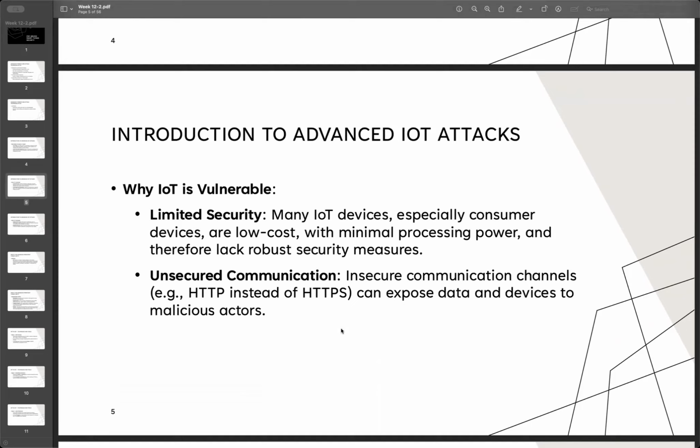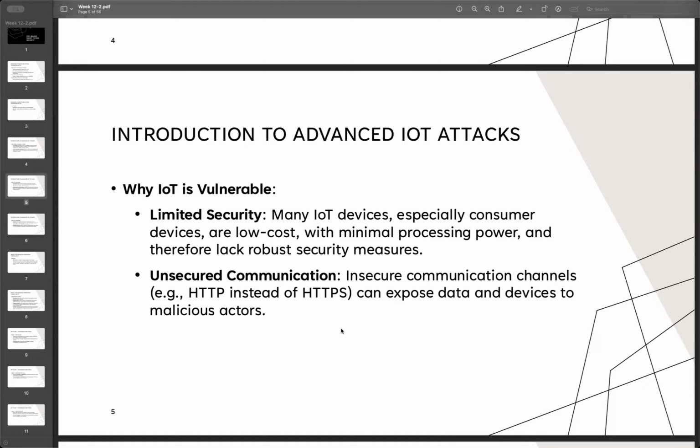At home, smart control devices like a smart light bulb or thermostat don't include lots of hardware, chips and so on, because they only want to control the core function. Also there is unsecure communication: sometimes when they implement, they don't use secure protocols, so communication is really risky.